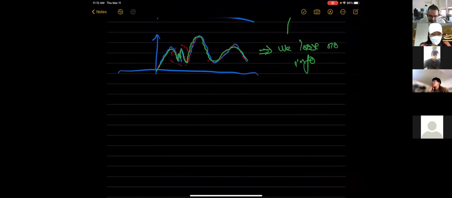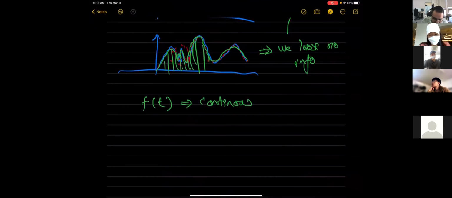Okay. So a signal where we take every point of the signal, we call the continuous signal, and a signal where we take only discrete intervals of that signal, we don't want to transfer all the information, but we need to transfer a reasonable amount of information.